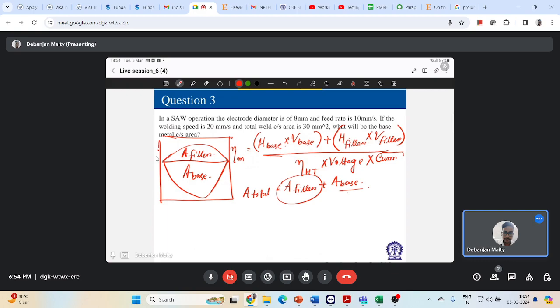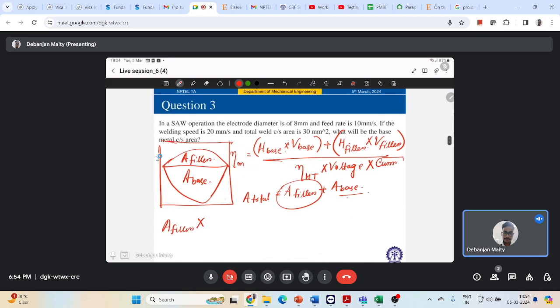The cross-sectional area of the filler, A filler, into welding speed, into time, will be equal to, if you know your electrode dia, that is going to be fed into your workpiece, let's say R electrode, pi r square as the cross-sectional area of the filler, into V filler, which is the feed rate, and that into T, the welding time.